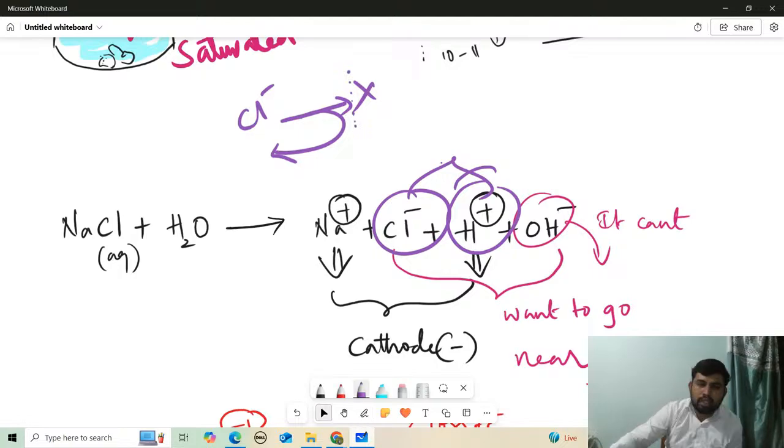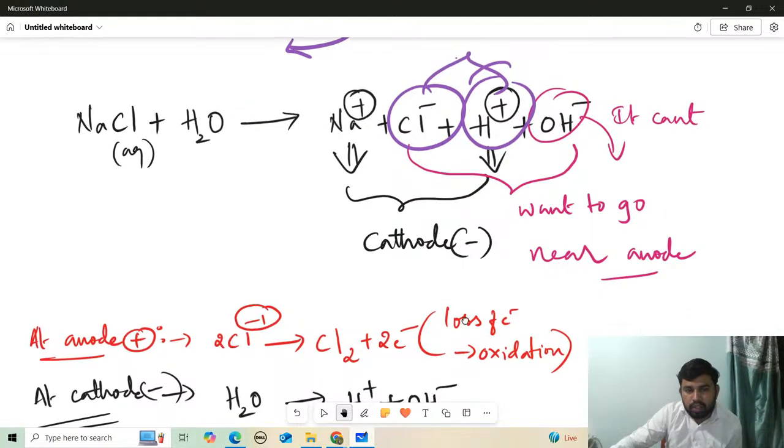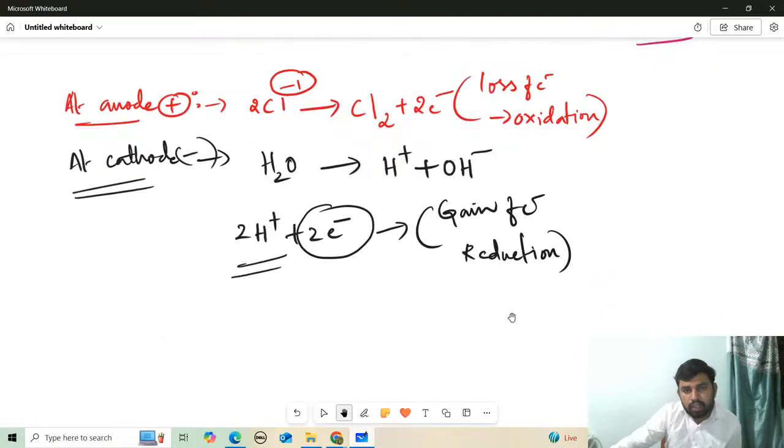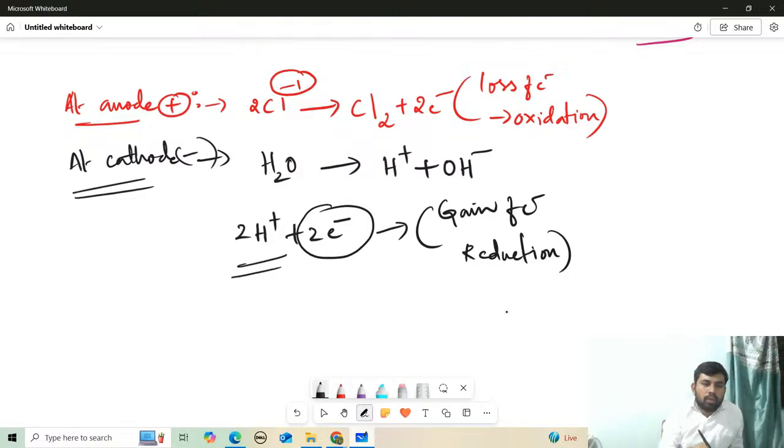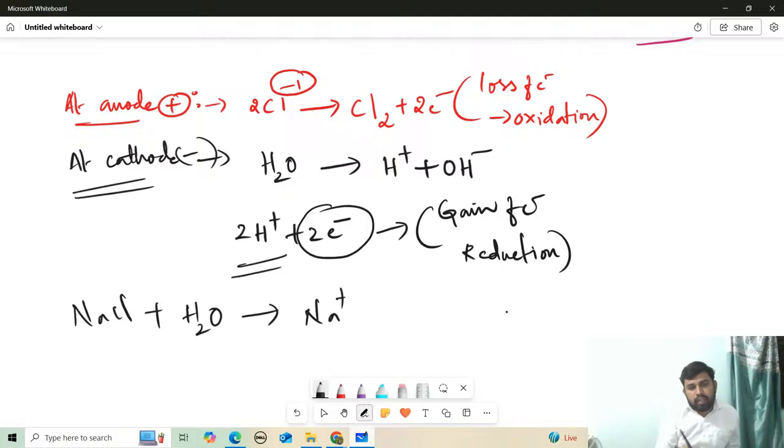Let me discuss the final reaction. Try to understand. This is about the reaction at anode. This is about the reaction at cathode. Now the remaining part. So finally I'll write here NaCl plus H2O gives rise to Na plus ion and OH minus ion.